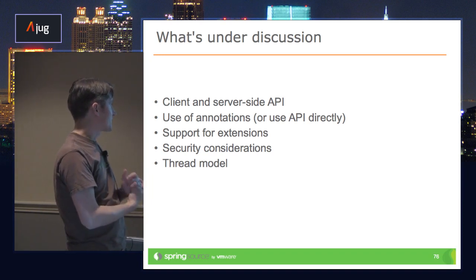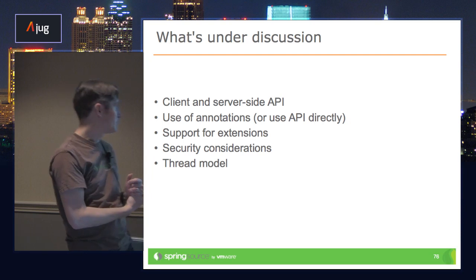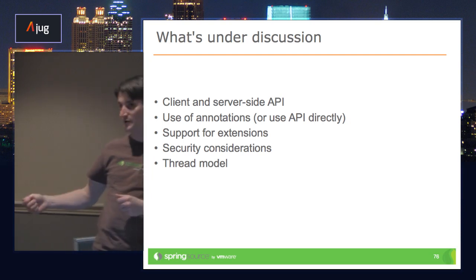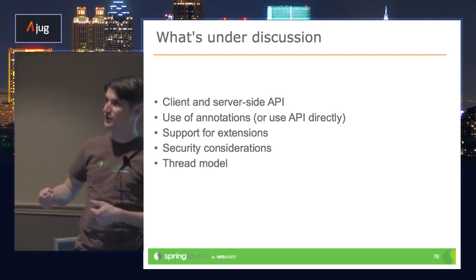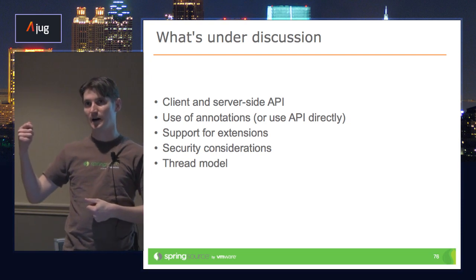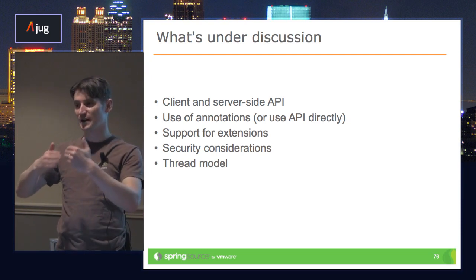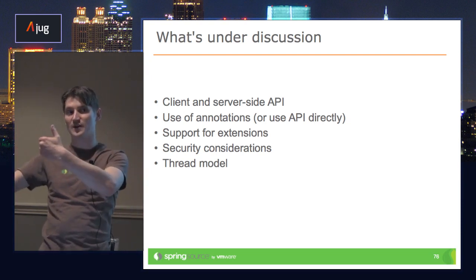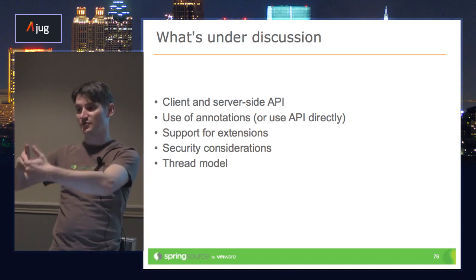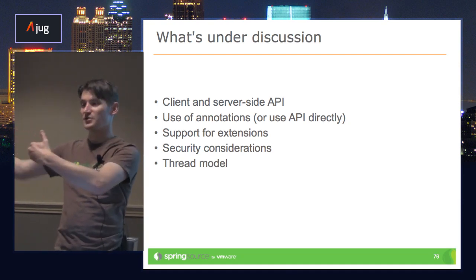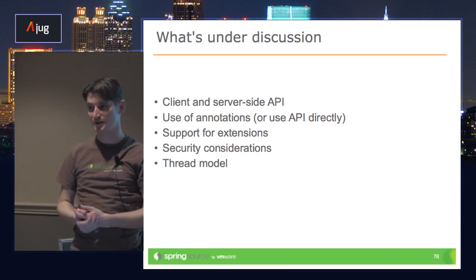It will have support for extensions. It will also have security considerations in there. However, based on my reading, your security starts where you establish the connection. So it assumes that you have an authenticated request establishing the WebSockets communication in there.